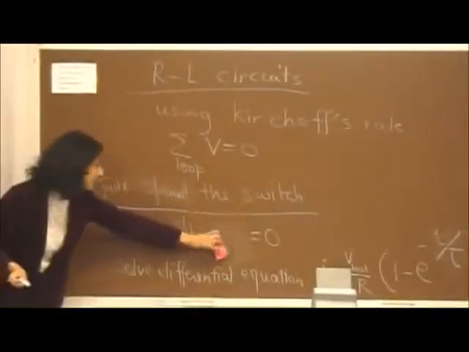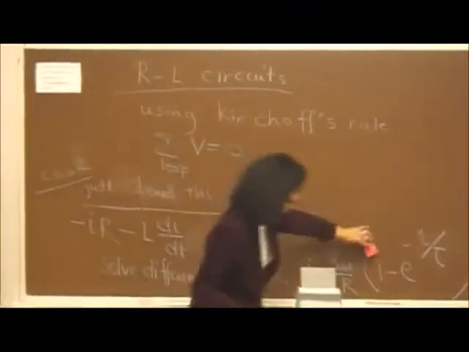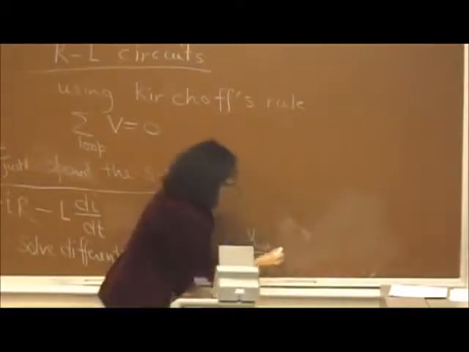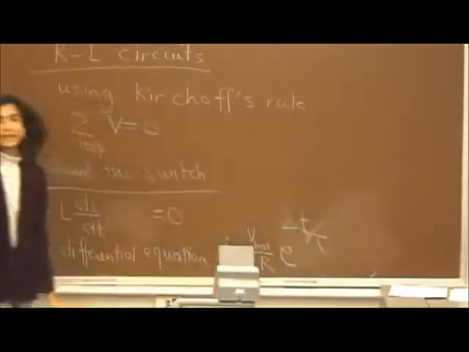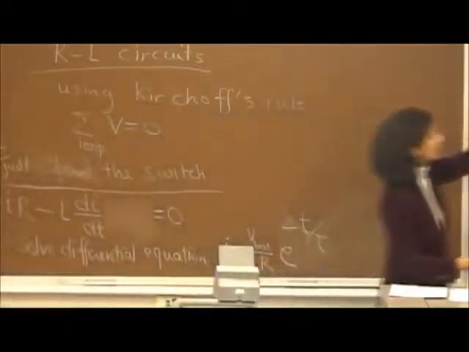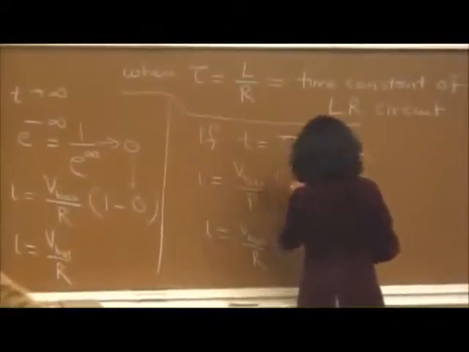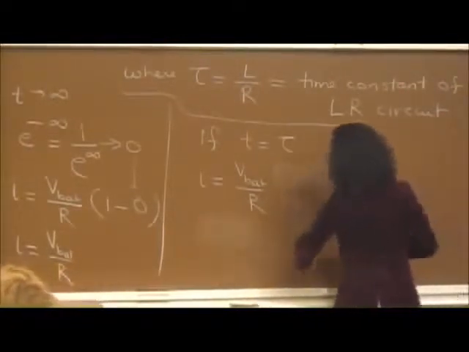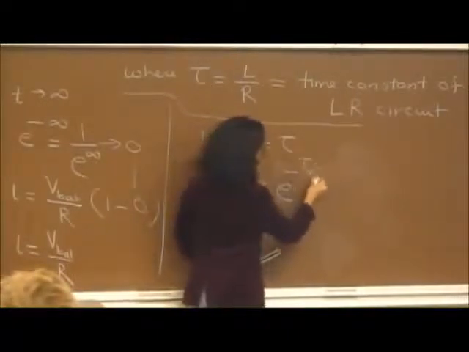If you get rid of the battery, again, this is a differential equation that we can solve. If you solve this differential equation, this time you find the solution is this: I is equal to V battery over R times e to the power minus t over tau. Tau is exactly the same as what we had found, this thing. This time, for the case where we open the switch, if t is equal to tau, then the current will be V battery divided by R, e to the power minus tau over tau.